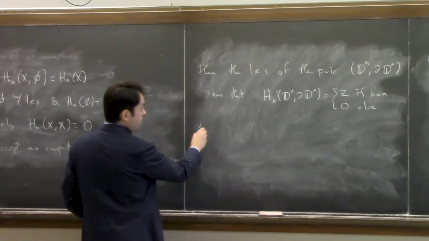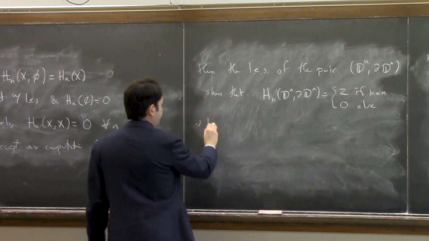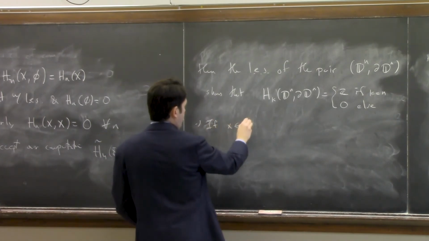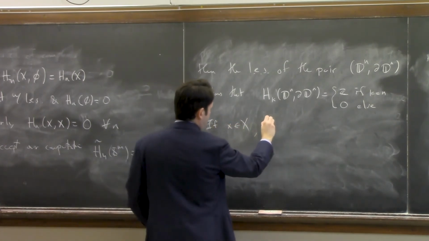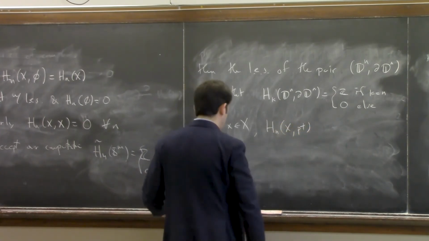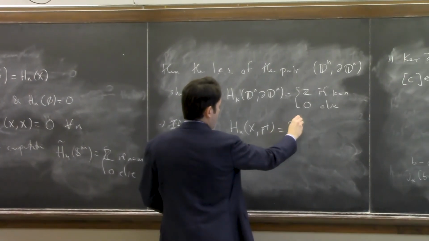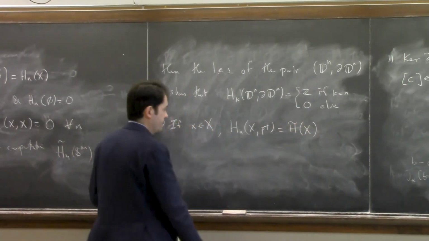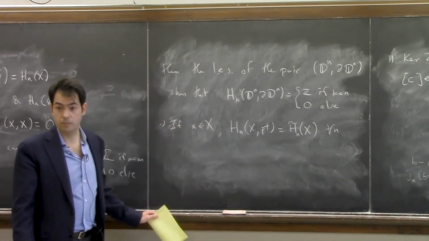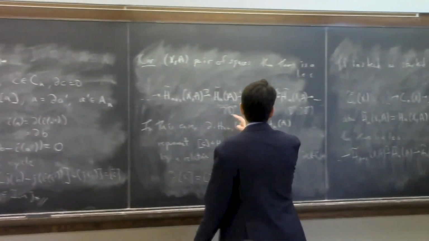Another immediate thing to plug in. So if x is a point in X, then the relative homology of X with the point is the reduced homology of X. Right. So again, plug in.